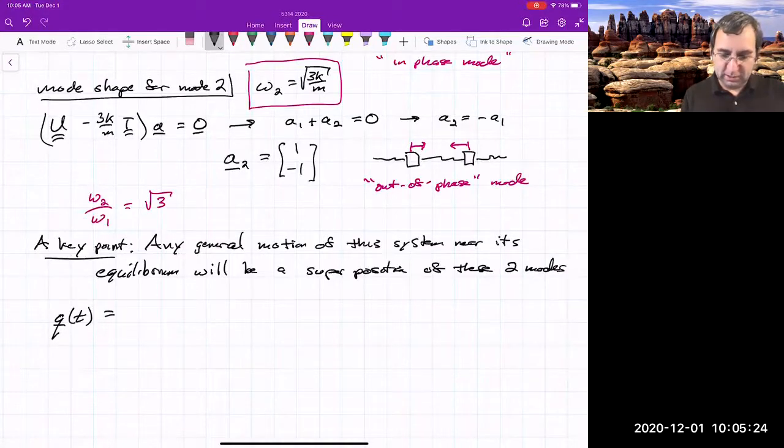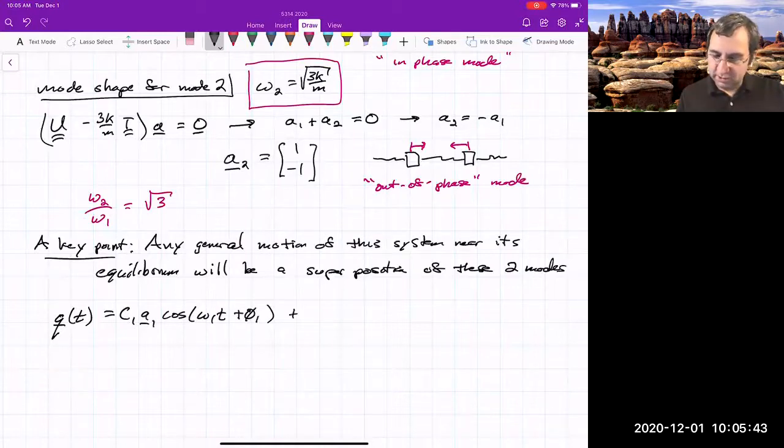It's going to be C1 times A1 as a vector, with some overall constant out in front, times cosine of omega 1 t plus some phase, plus C2 A2 cosine of omega 2 t plus some phase.